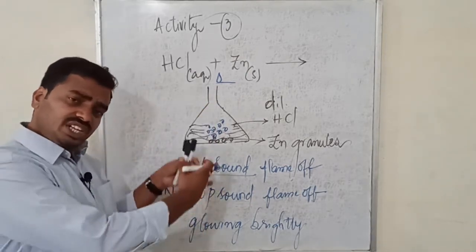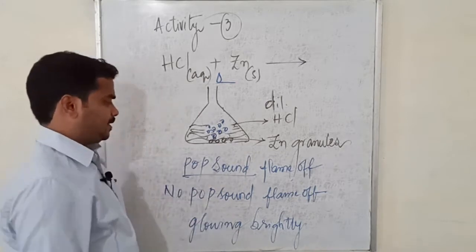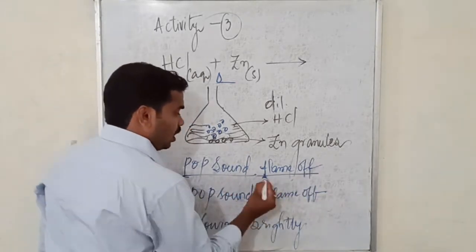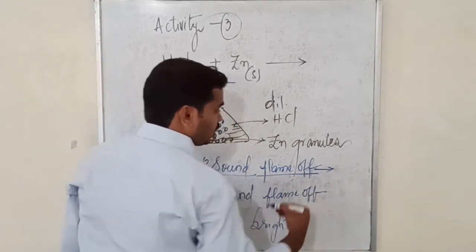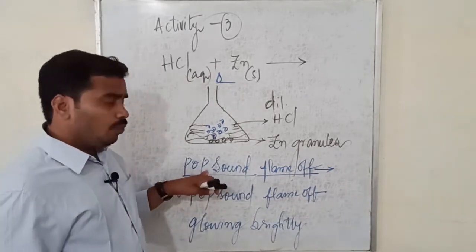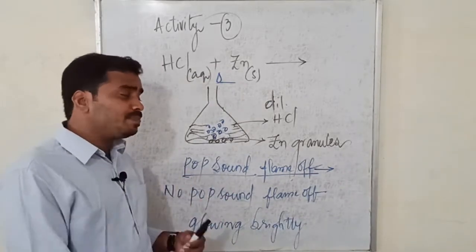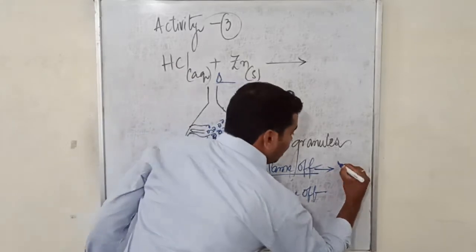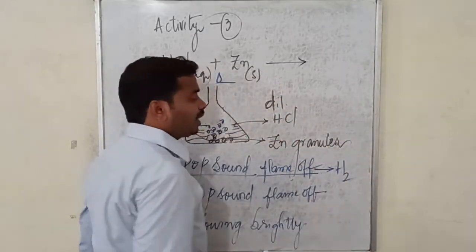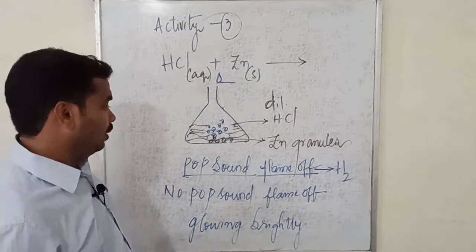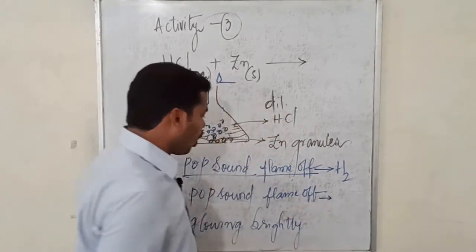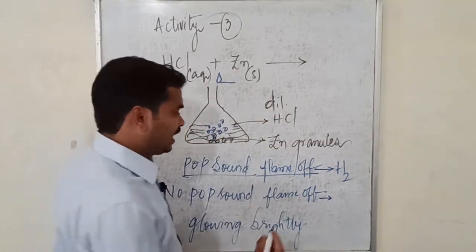What are these three different cases indicating to us? When the flame was put off with a pop sound, then remember it's H2 gas which is liberated. If there is no pop sound but the flame was put off, that is CO2.